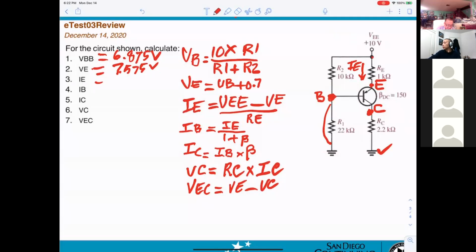IA will be equal to VE minus, oh sorry, VB. VEE means 10 volts, minus 7.575, divided by 1K.